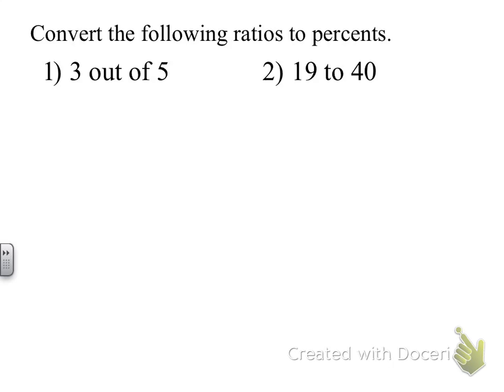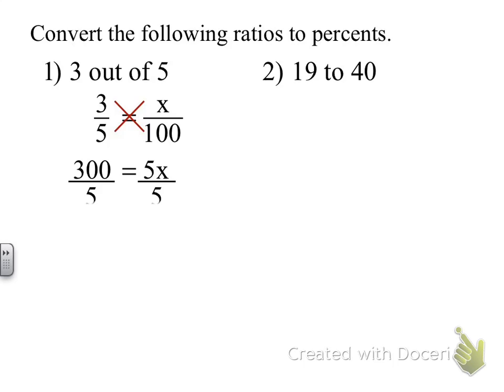Okay, so I saw 2 students do it in 2 different ways. One, set up the ratio, which is the fraction. 3 goes on top. The second one goes on the bottom in the denominator. And I say 3 out of 5 is equal to x out of 100. I do my cross multiplying and I get 300 equals 5x. Divide both sides by 5, and I get x equals 60.